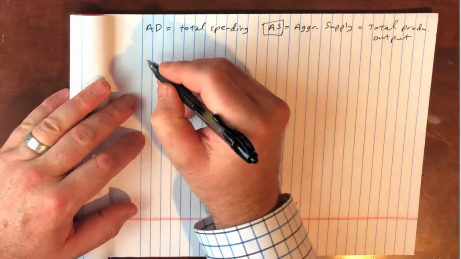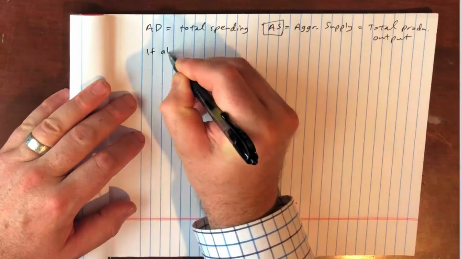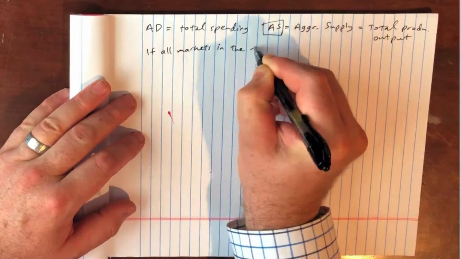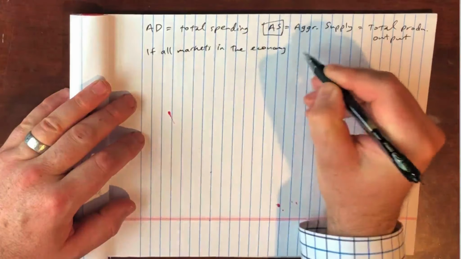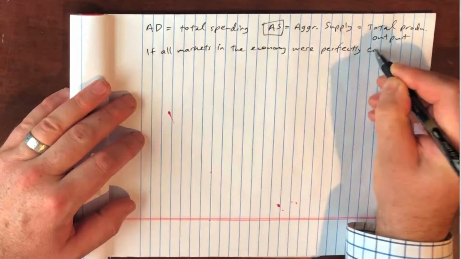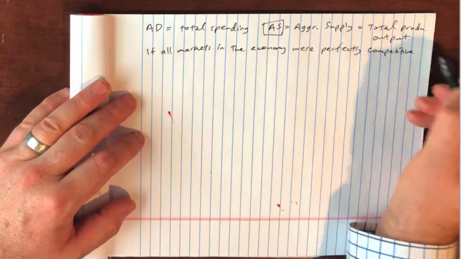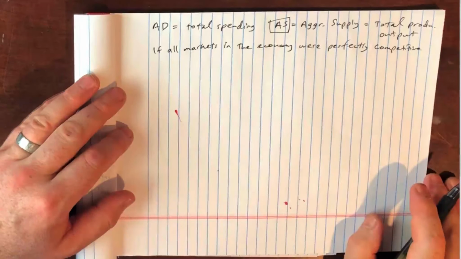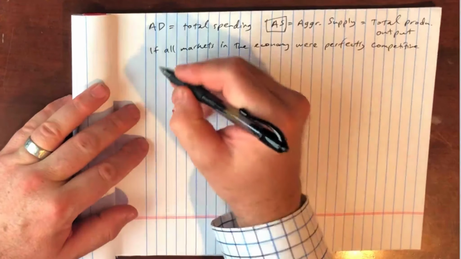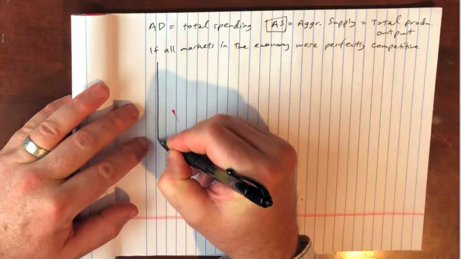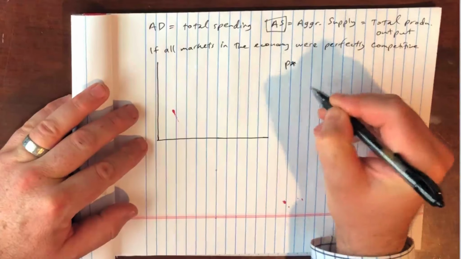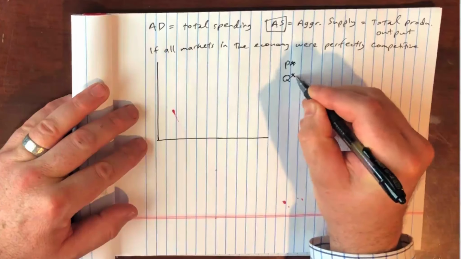So let's consider, if all markets in the economy were perfectly competitive, well, we've already said what will happen in this situation. All markets are perfectly competitive. What happens is we have a price that prevails, which is called P star, and Q star.